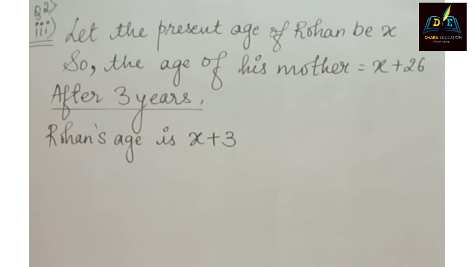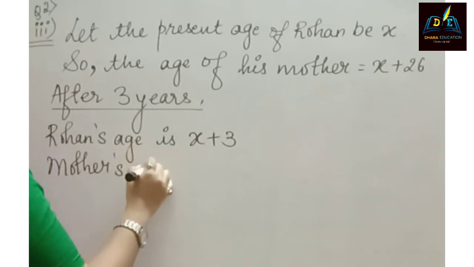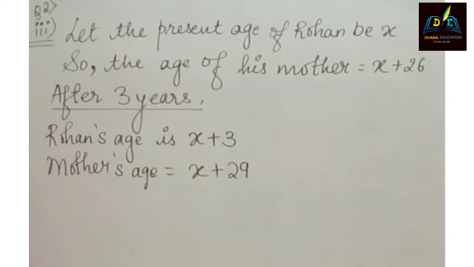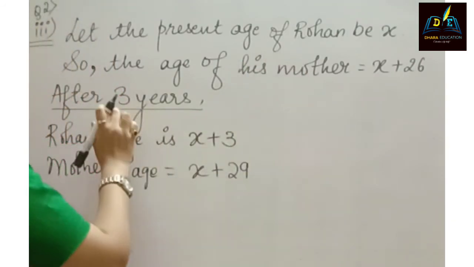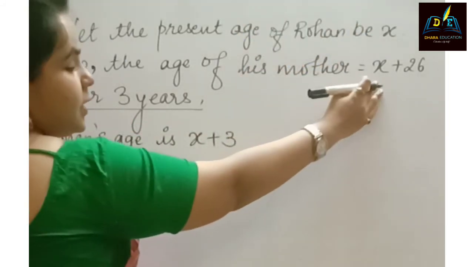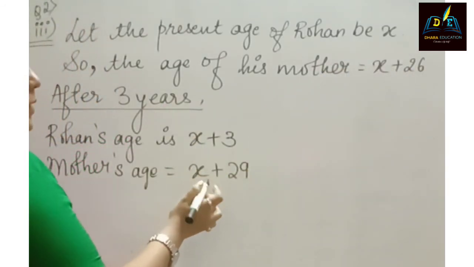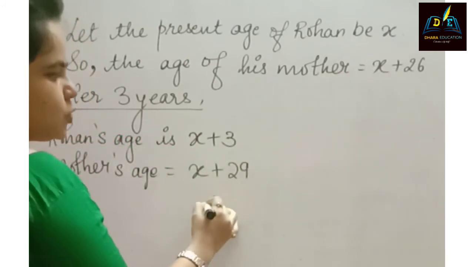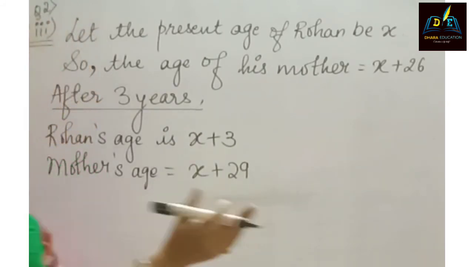Then they have told the mother's age will be how much? Mother's age is equal to x plus 29. Because how does it come? After 3 years. The present age was x and his mother was x plus 26. But after 3 years, the things will be different. So that is why 26 becomes 29, means 26 plus 3 will become 29. I hope you understood this thing.